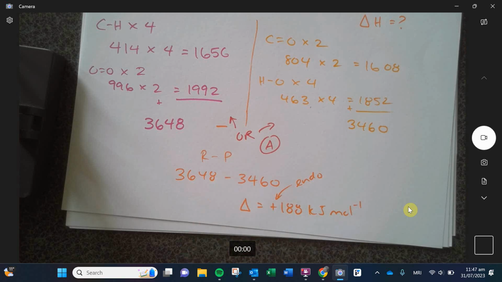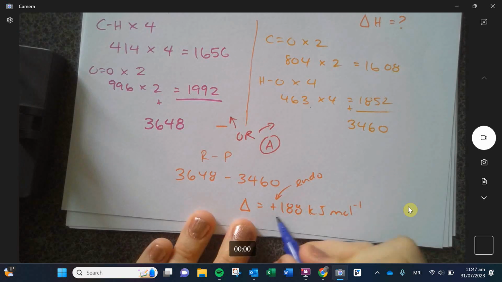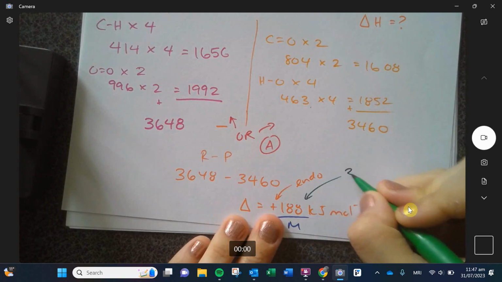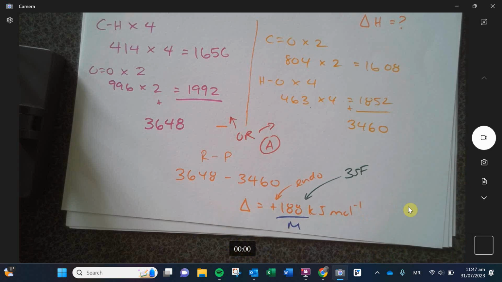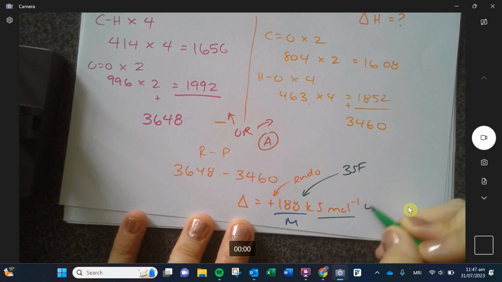So that's the achieved. The merit is getting this number. And then the excellence, which is really ridiculous, and I highly disagree with it, but it is what it is, is that you need to have 3 sig figs, the 3 significant figures, and that is 1, 2, 3, so that one's fine. And we need the units.